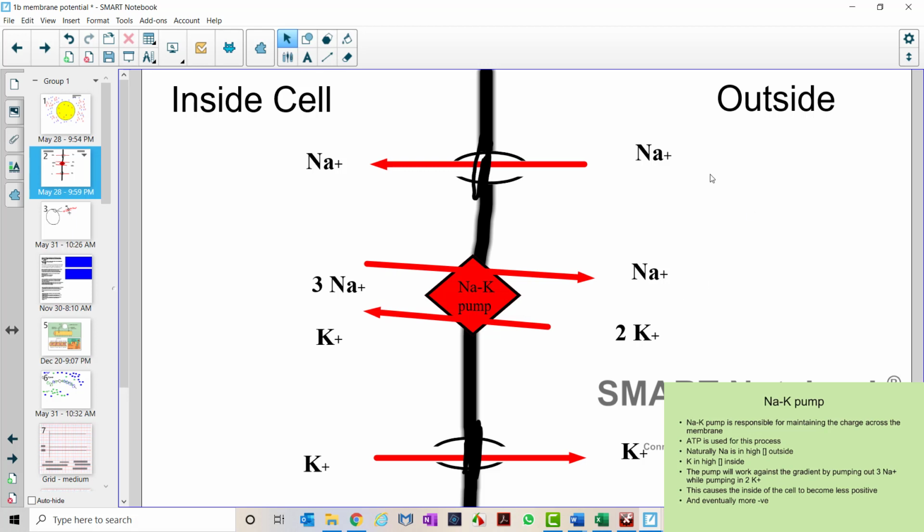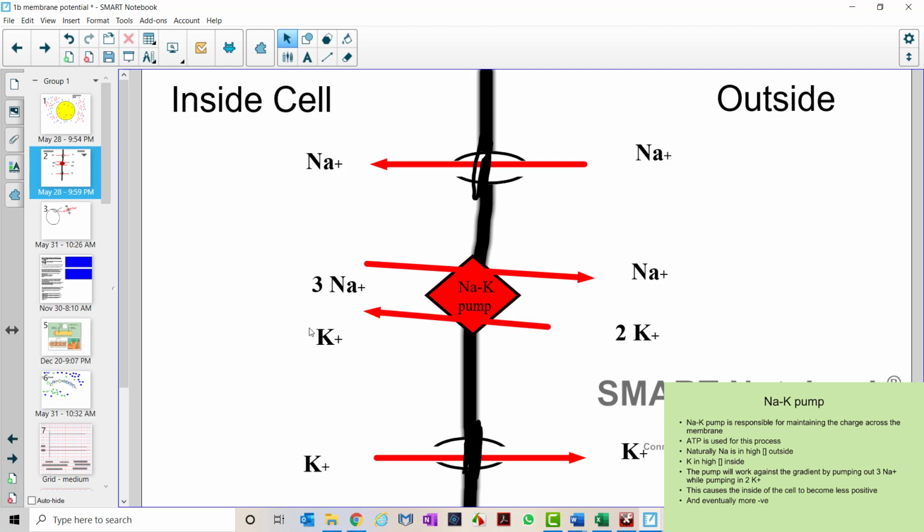So I have this area here representing the outside of the cell, and this here representing the inside of the cell. And what happens is the sodium-potassium pump establishes a concentration gradient of sodium and potassium ions on either side. It will establish this membrane potential by pumping out 3 sodium and pumping in 2 potassium.